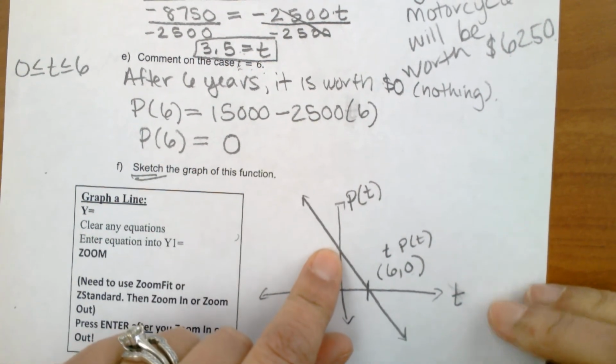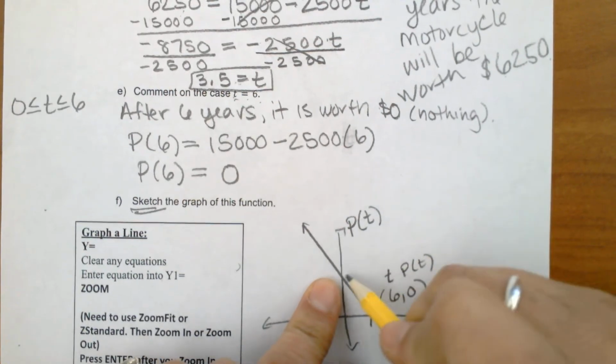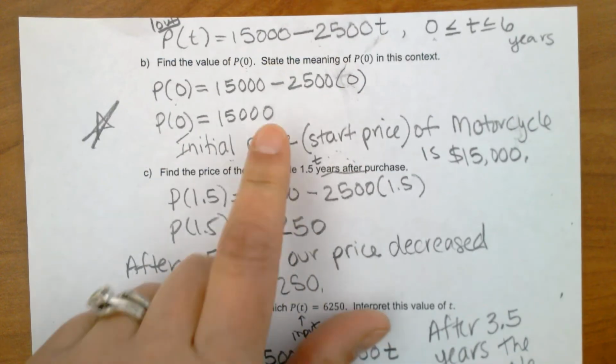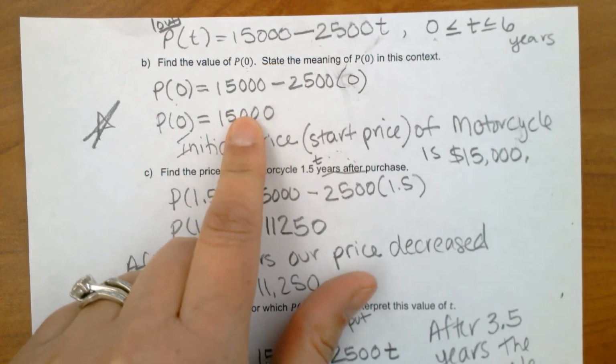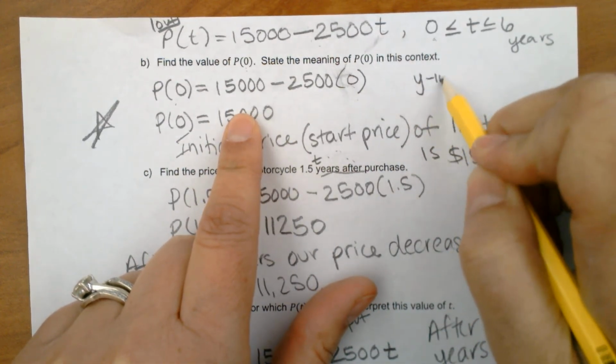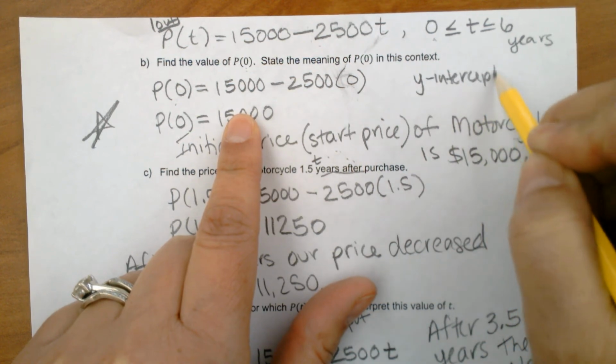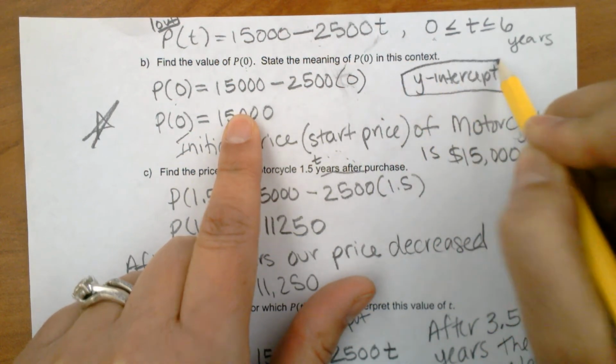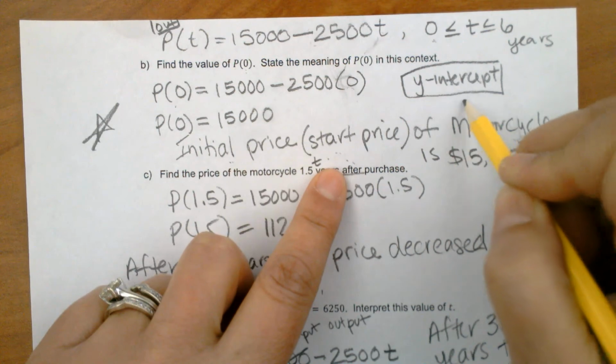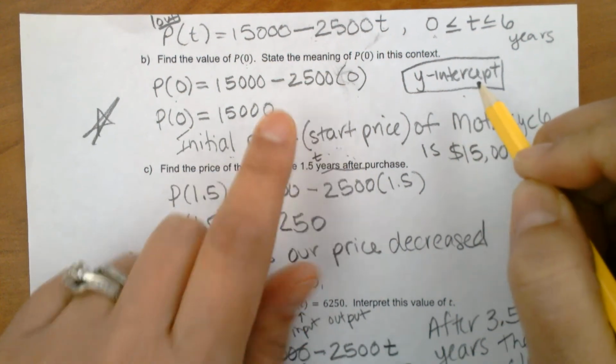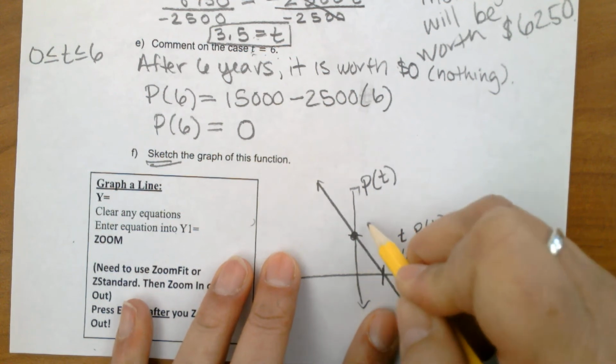This point up here would be pretty high because we would have to be going all the way. This is the initial price, so this is the y-intercept. Anytime they ask for an initial or a start, it's the y-intercept. So this point for the y-intercept would be here.